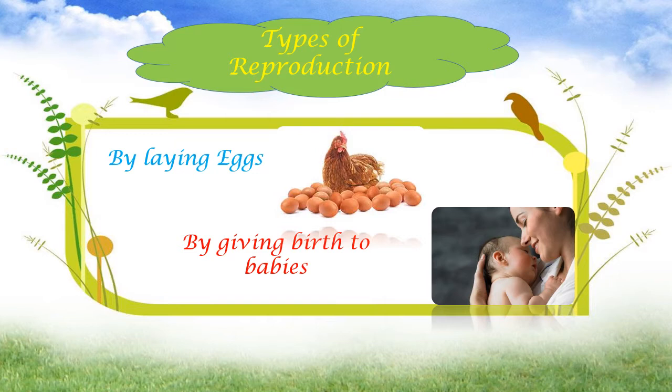If it is a cat you have, then it is kittens. So certain categories of living organisms go on by reproducing through birth. They give birth to the babies. So this is what we're going to see in the lesson right now.